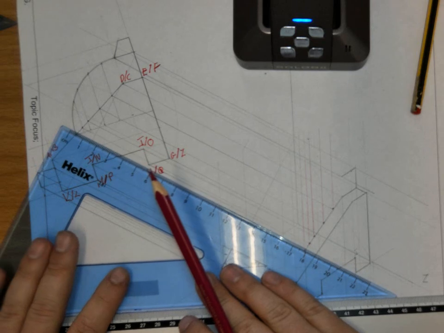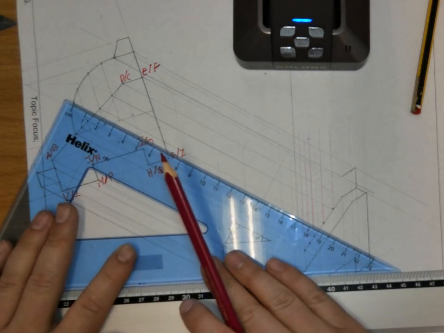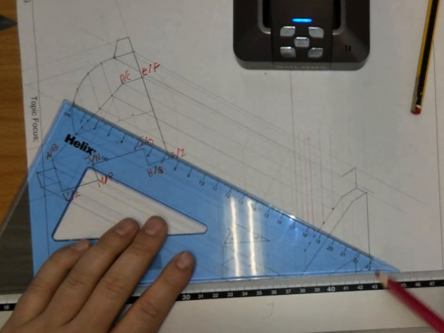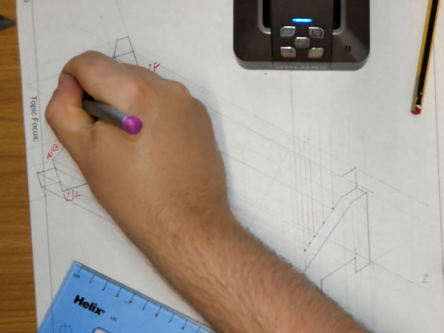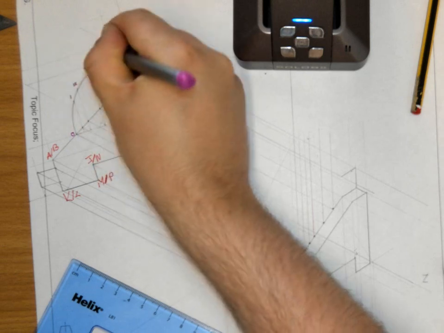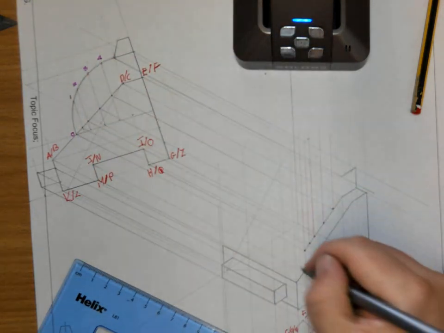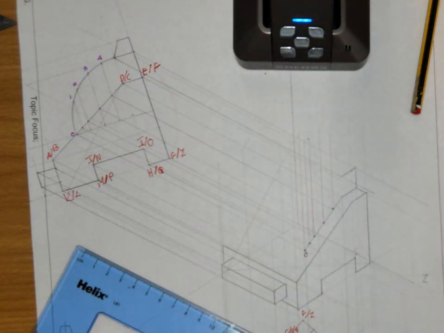Now, bring the points now down from your elevation, and they have to be on the curve. Right, so we'll label these 0, 1, 2, 3, 4. So this is going to be point 0.